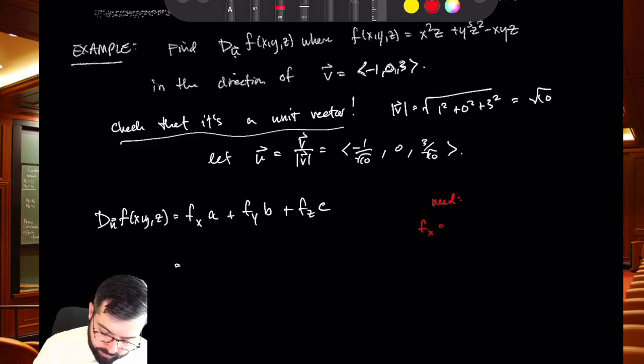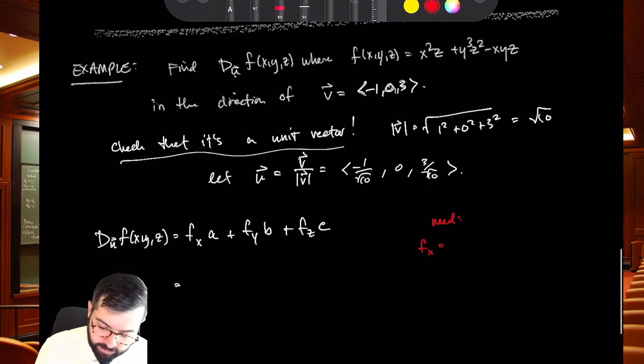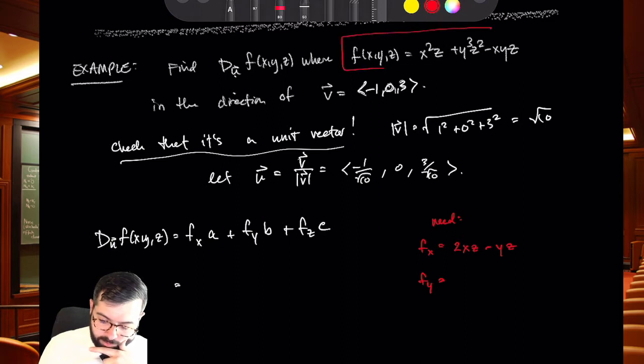So f sub x is what? 2xz minus yz. And that's coming up to here. Partial with respect to y, 3y squared z squared minus xz.